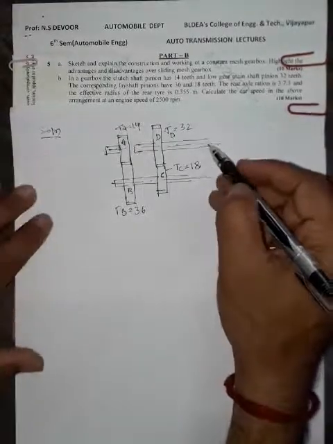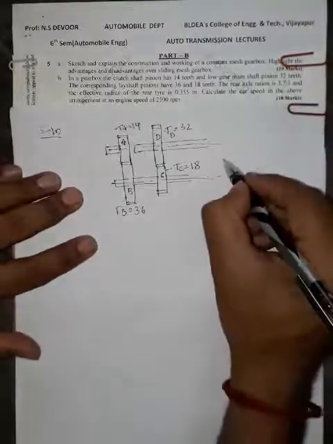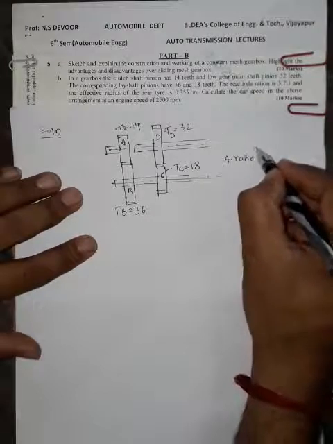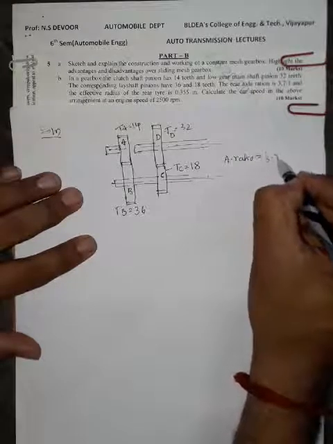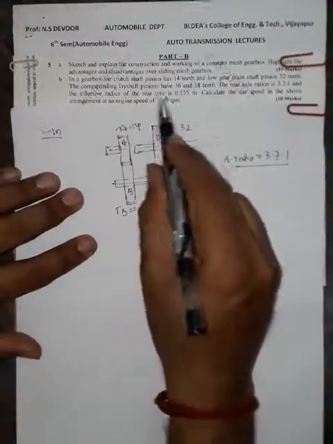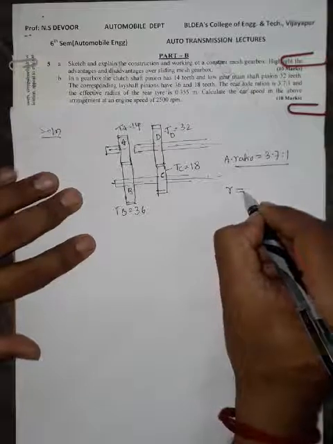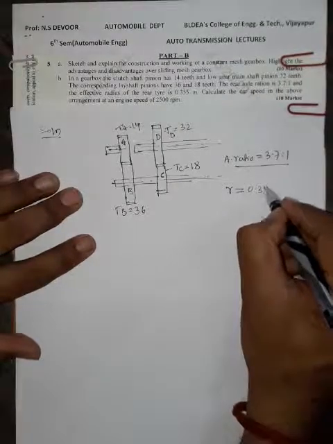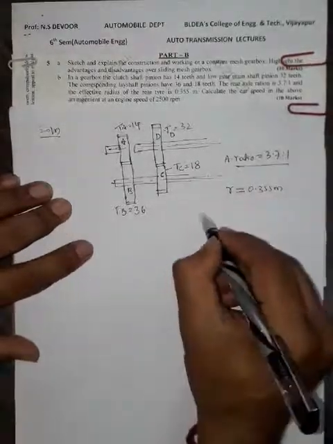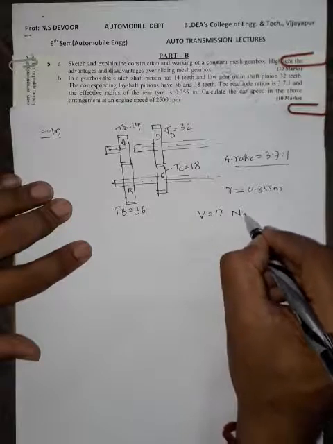And there is a permanent rear axle reduction. The axle ratio is given as 3.7:1, and the effective radius of the tire R is given as 0.355 meters. Calculate the speed of the vehicle V when the engine speed is 2500 rpm.